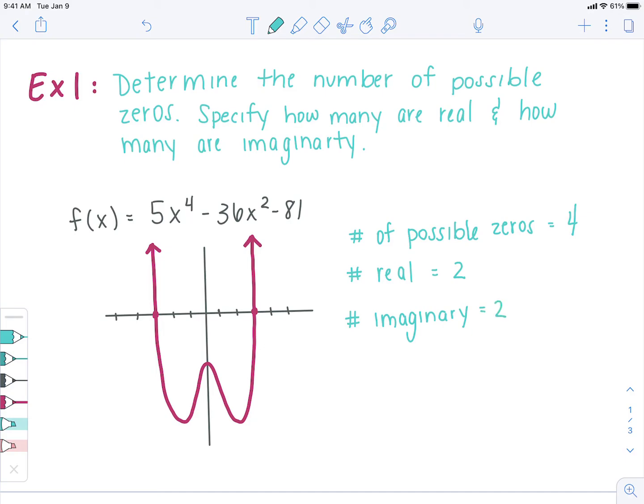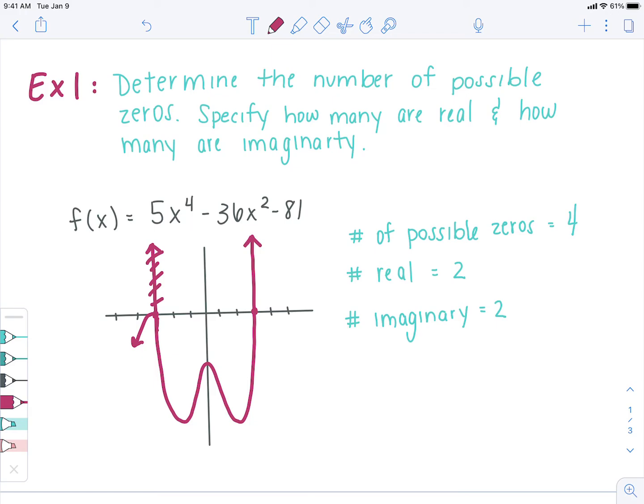Now, if my zero had a multiplicity of more than 1, that means it counts more than once. So if I had a graph with a degree of 4, but I had a multiplicity of like 2 at one of my zeros, so if I had a weird graph, which this isn't actually possible, but if right here it bounced instead of going through, and this wasn't here, then I would have 3 real zeros and 1 imaginary.